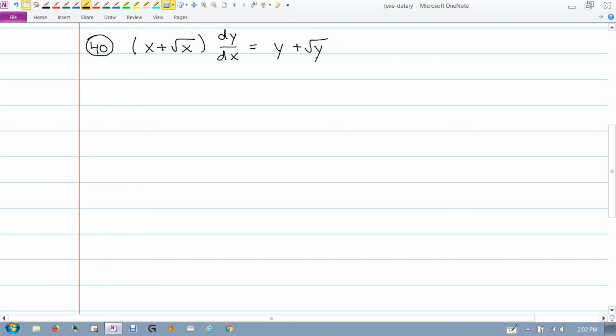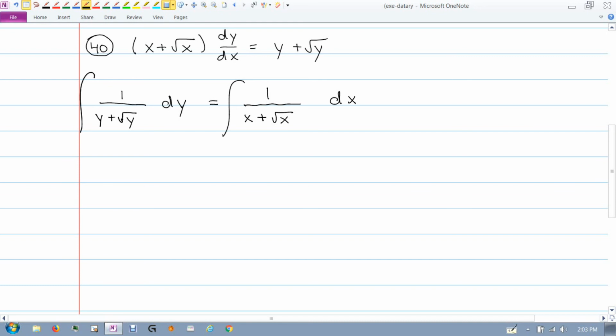Let's just multiply both sides by dx, and divide both sides by the x plus root x. And let's divide both sides by the y plus root y. So that's where we are. We need to integrate.